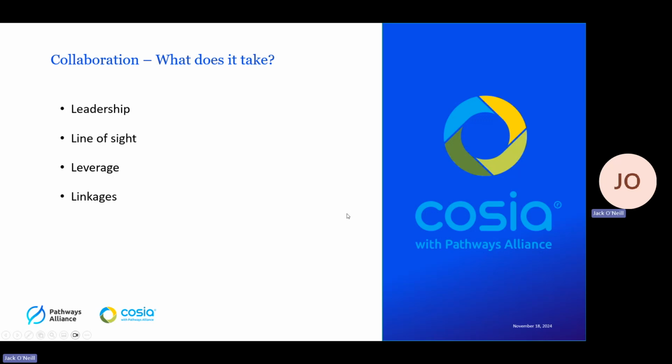Collaboratively working together, those two companies, or in COSIA's case, many companies, will leverage their money together so that not everybody has to do the same thing. COSIA also likes to leverage dollars and resources from third parties. And linkages, taking the knowledge, the skills, the technologies into practice.